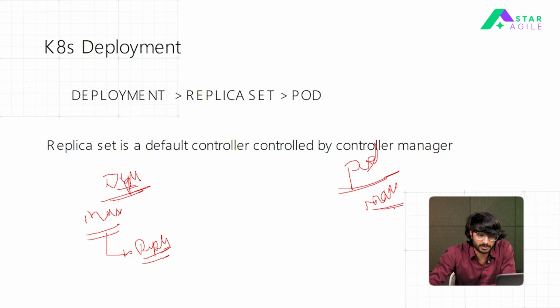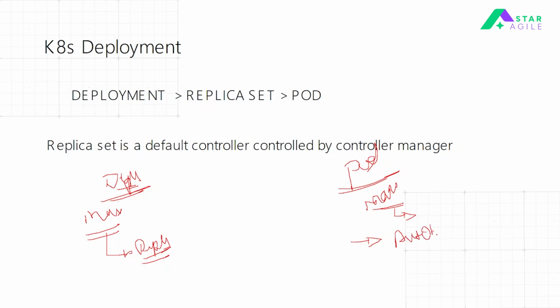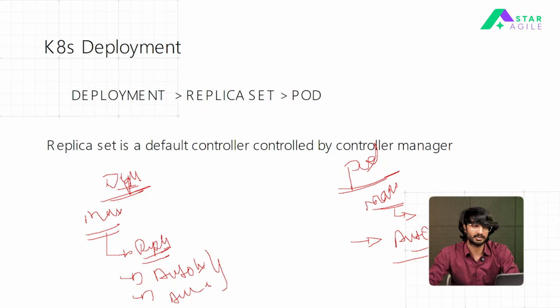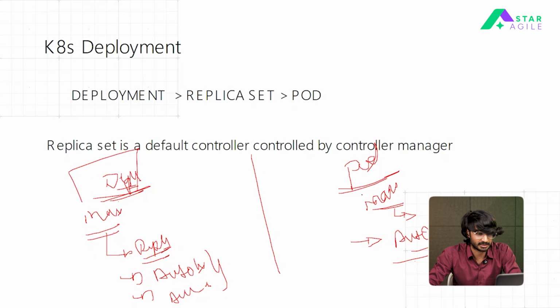But with a pod, that facility is not available, and there is one more facility that is not available in a pod, that is auto healing. But in which place is that facility available? Deployment. You can do auto healing as well as auto scaling, and all the other features that we saw. Right. So hope you understood the difference between deployment and pod.